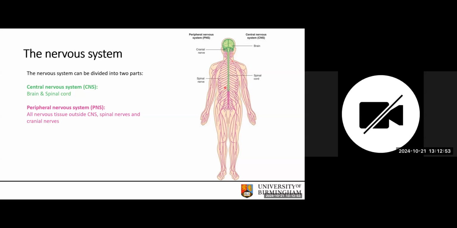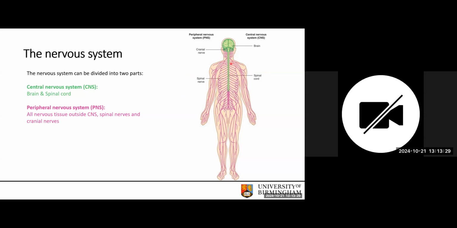And finally, we have the nervous tissue. So the most basic cell in the nervous tissue will be a neuron, and we will talk about that in a while. These neurons will be located in different parts. They will be in the central nervous system, which is the green portion here, or in the peripheral nervous system.